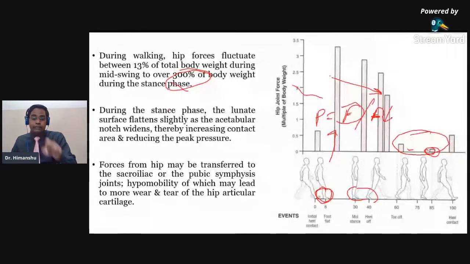Again, this will lead to early degeneration. So to avoid early degeneration, the pubic symphysis and sacroiliac joint help absorb the forces and being more mobile, they dissipate the compressive forces coming from the hip joint. All right, so let me remove them.